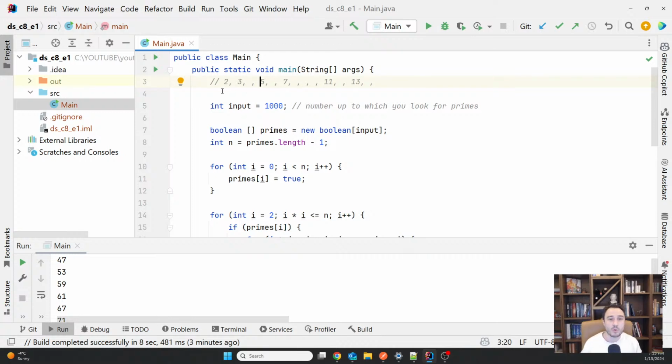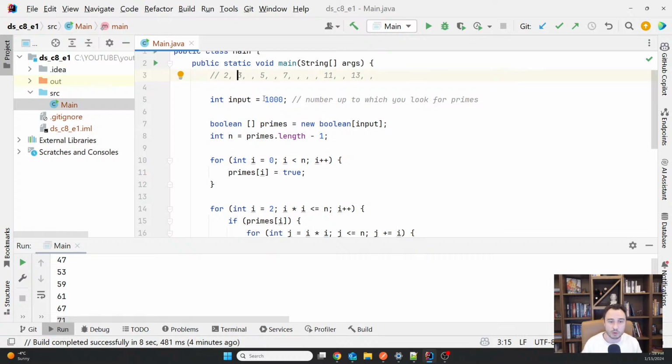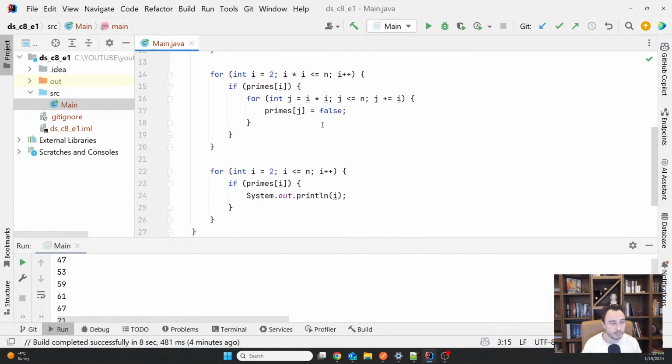Whatever you want, it basically starts with the first prime number and eliminates progressively all the others that are multiples of the prime numbers, because you will always end up only with primes, and everything else would have been automatically considered non-prime.